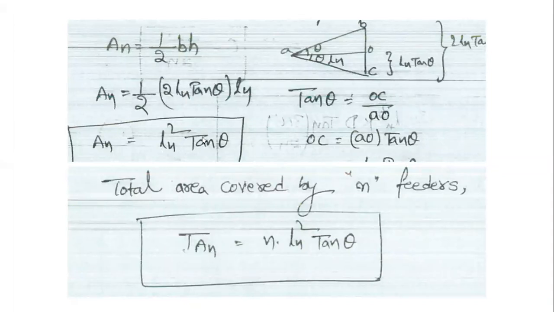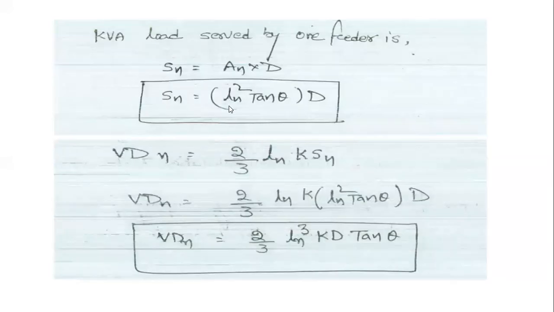Substitute this AN value in the KVA load, that is ln square tan theta into D. This is the total KVA load, or the power, for the single feeder.